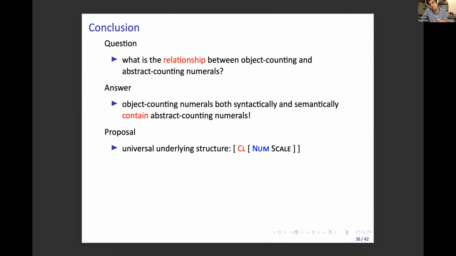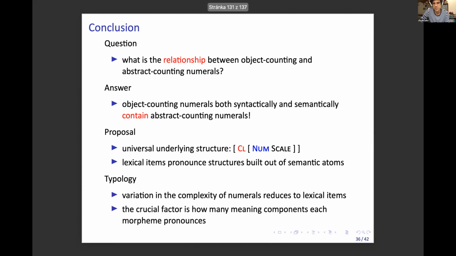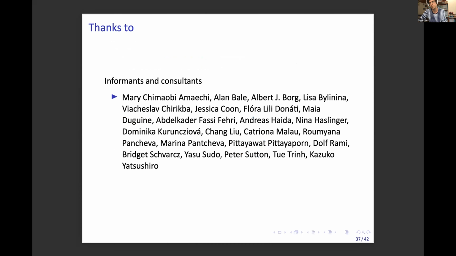And the gist of the proposal is we try to capture the patterns that we find using this tri-componential structure for the object counting numerals and a bicomponential structure for the abstract counting numerals. And we have a mapping procedure how to map this input onto various types of outputs. And so thank you, and sorry for going over time.